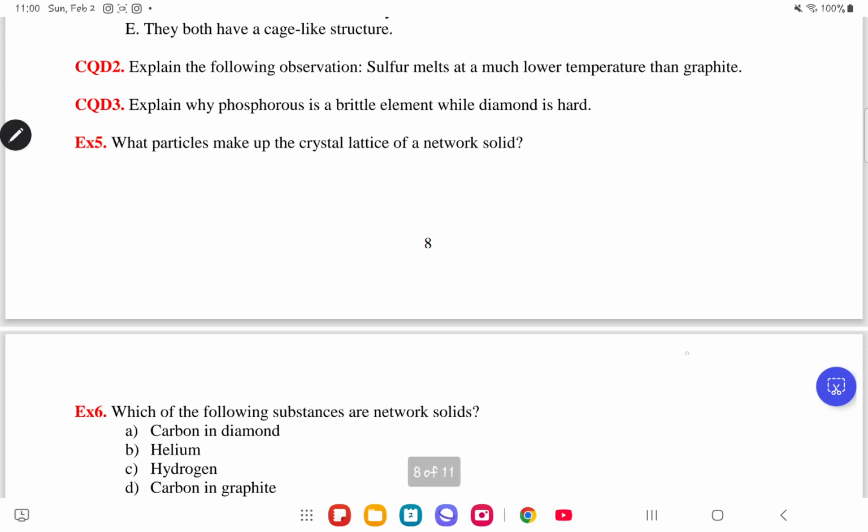Moving on to CQD number 2. Explain the following observation. Sulfur melts at a much lower temperature than graphite. Very simply, sulfur has van der Waals forces, whereas graphite has covalent bonds, and covalent bonds need a lot of energy to be broken, whereas sulfur needs very little energy, which is van der Waals forces, to melt them.